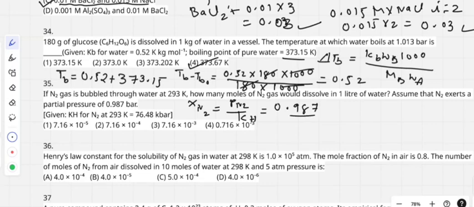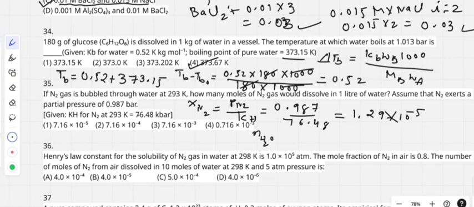So it is equal to 0.987 divided by the value of Kh, which is given as 76.48. So the answer is 1.29 into 10 raised to minus 5. Then we have to calculate the number of moles of nitrogen in water.